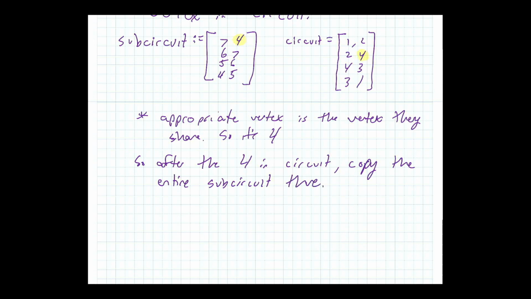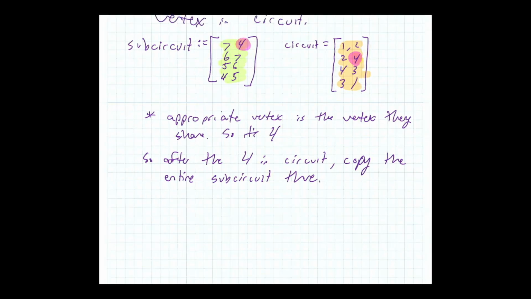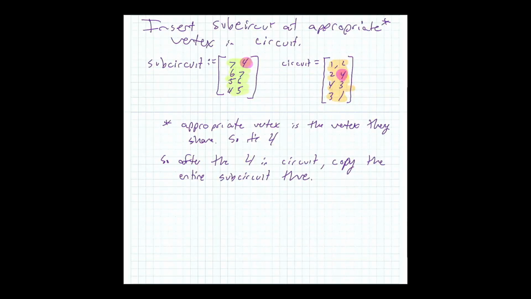So like if I color these, for example, if these are all green and these are all orange, and the one they have in common is 4, right? So what you're doing is you would say, okay, once I find that 4, then right here, this is where subcircuit goes.